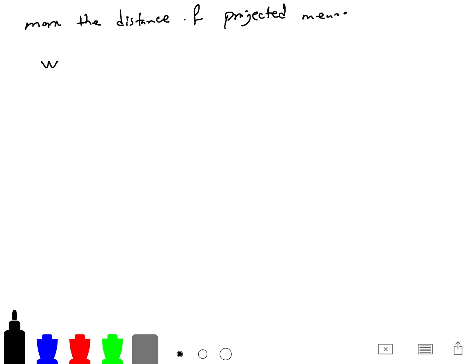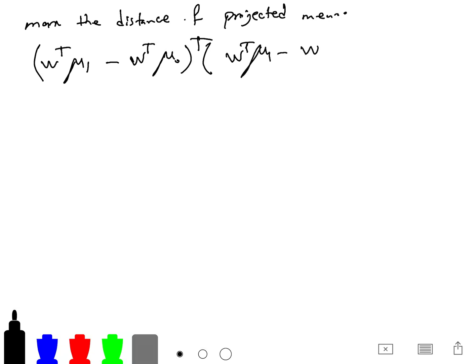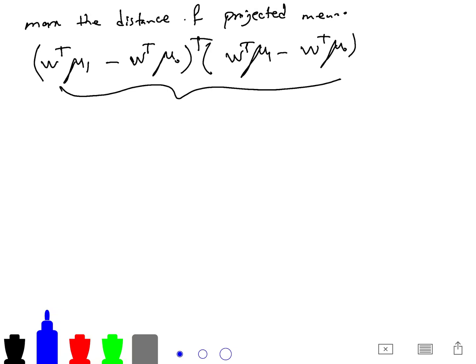So I want to maximize (omega transpose mu 1 minus omega transpose mu 0) transpose (omega transpose mu 1 minus omega transpose mu 0). So this is just the Euclidean distance between omega transpose mu 1 and omega transpose mu 0.